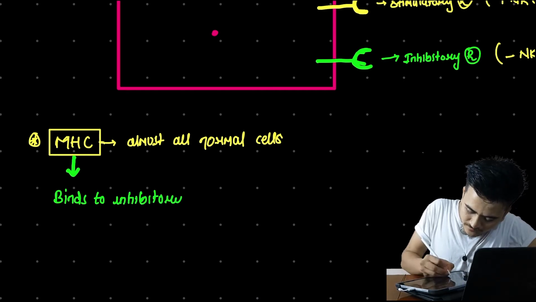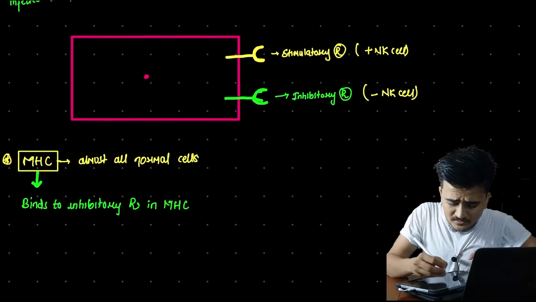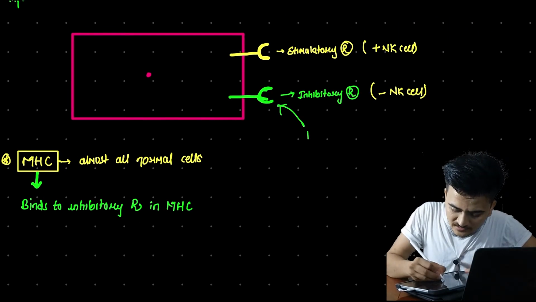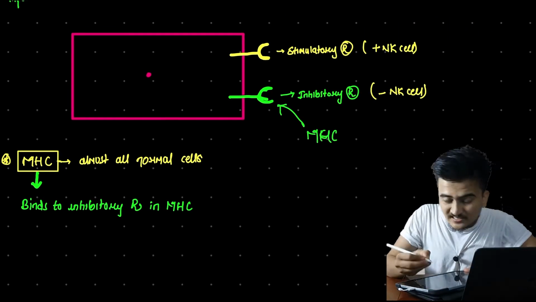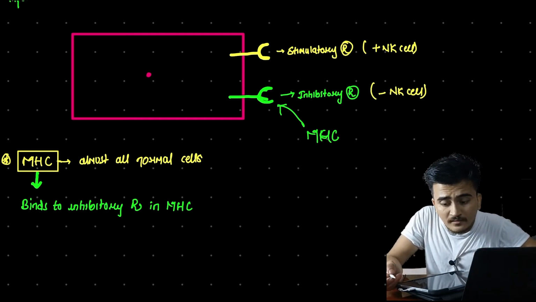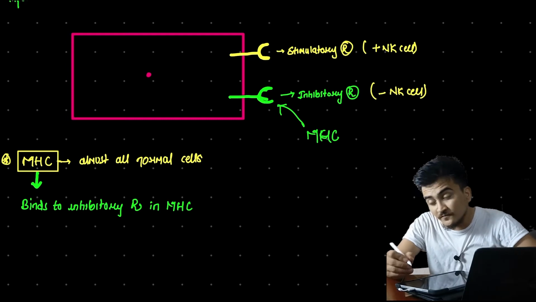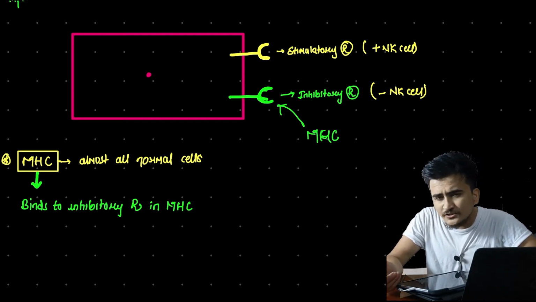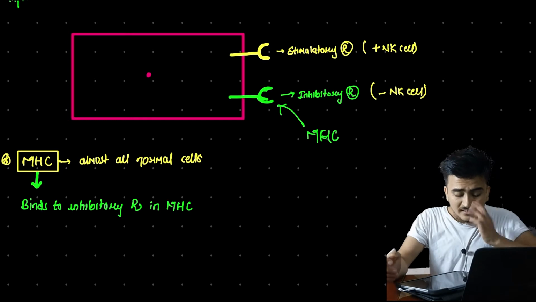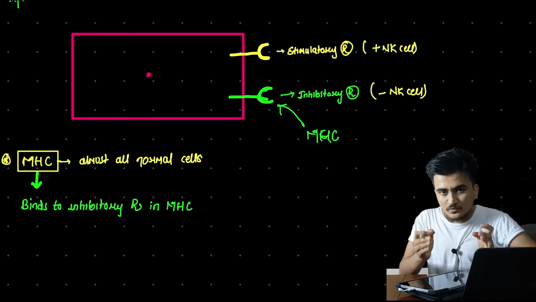When it binds to the inhibitory receptor, it causes inhibition of NK cells, and if the NK cell is inhibited, then it will not perform the function of killing bacteria, viruses, tumor cells, cancerous cells.